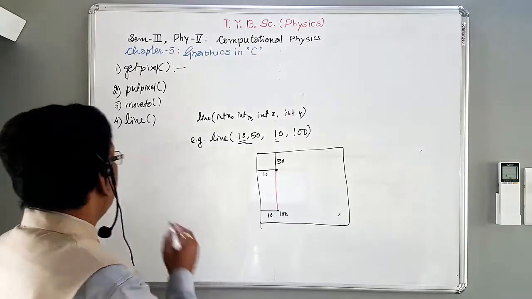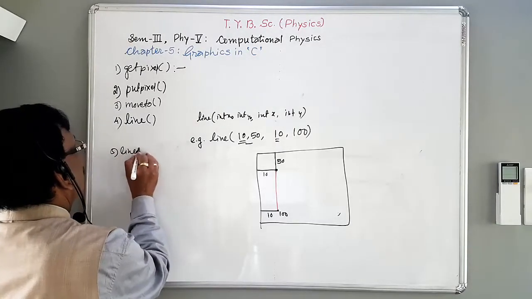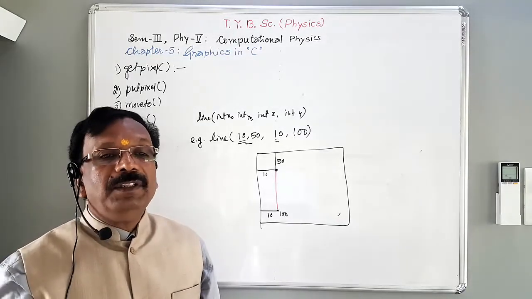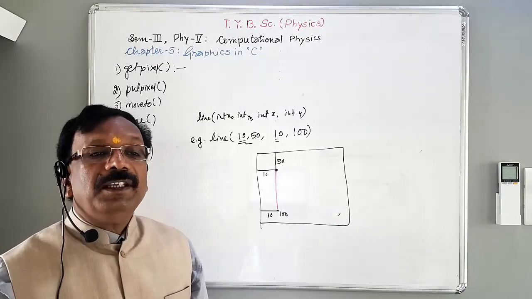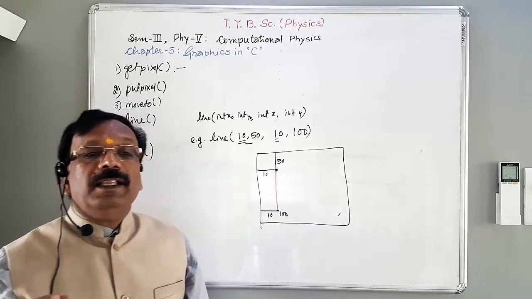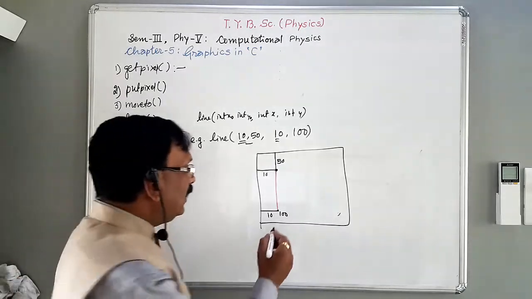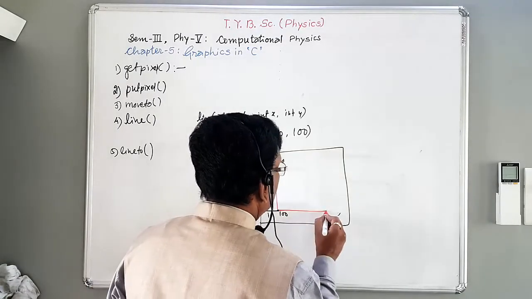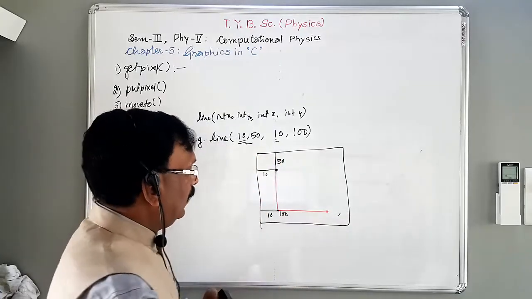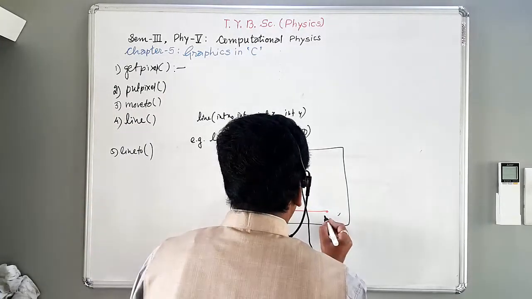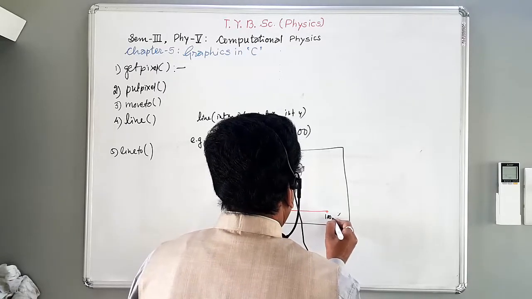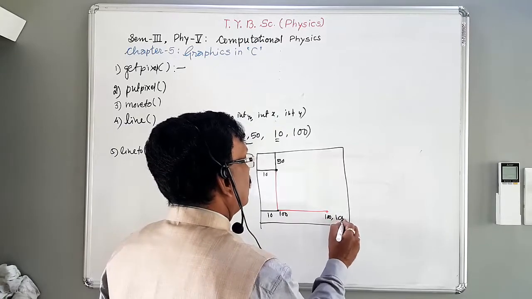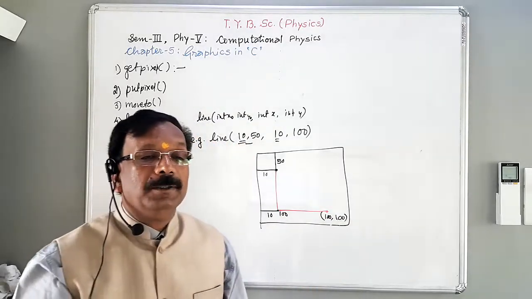Then the next function, the fifth function, line to. Just like move to, here the line to function is used, and with the help of this function we can draw a line in graphic mode from the current position, suppose from this position to this position, which is the new position.